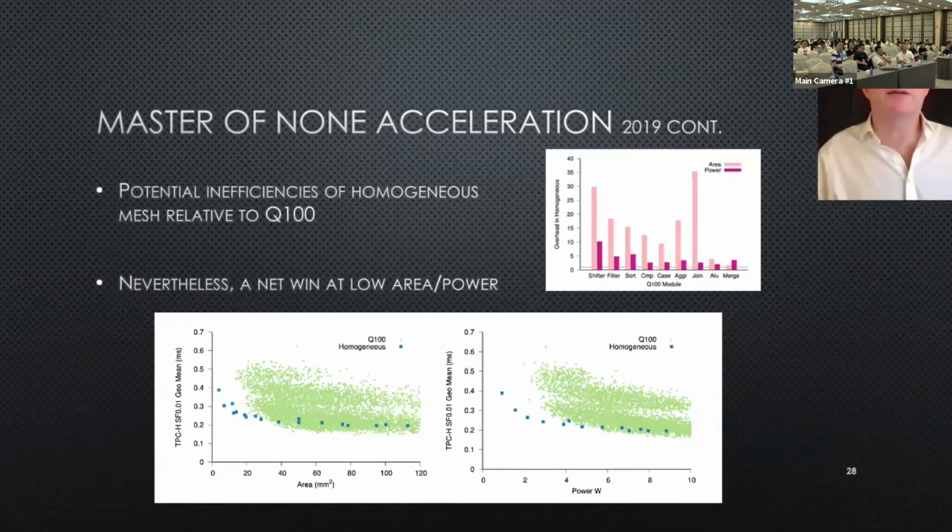And on the right, you can have designs that perform well even with very small power. So if you're looking for a design that is particularly small or particularly energy efficient, then this master of none style of execution is probably superior to the Q100 style approach.